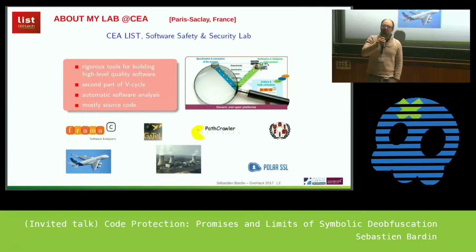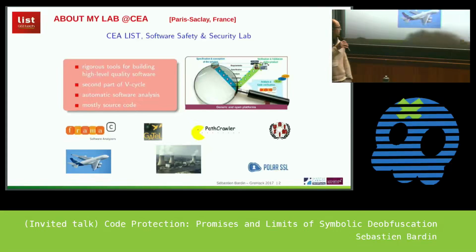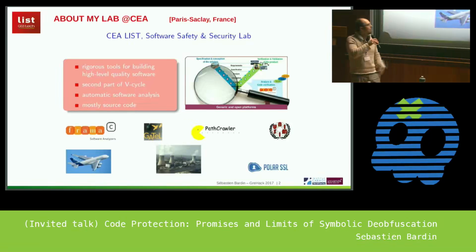We had a few notable success stories like Airbus. Typically, if you take the latest Airbus planes, all the control command part has been totally verified with many different tools, including our own Frama-C platform. And we also have success stories in nuclear and in railroad and so on.